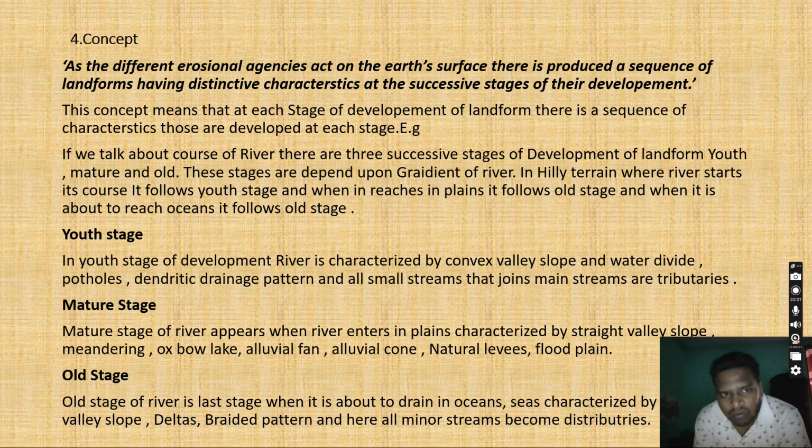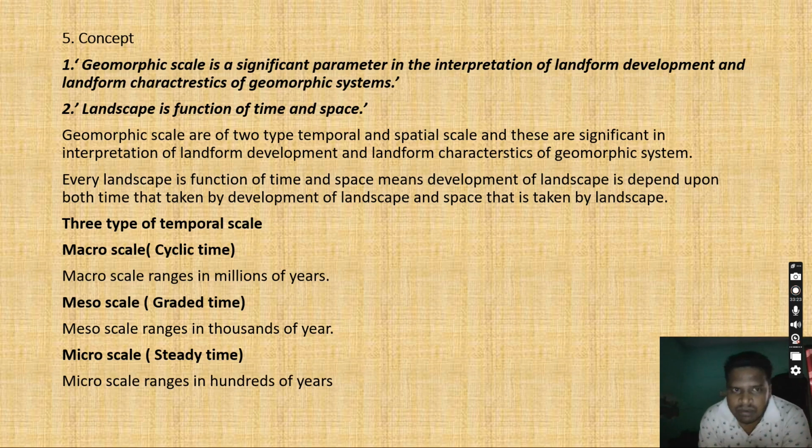Now we come to concept number five. Concept number five is that geomorphic scale is a significant parameter in interpretation of landform development and landform characteristics of a geomorphic system. In other words, landscape is a function of time and space.